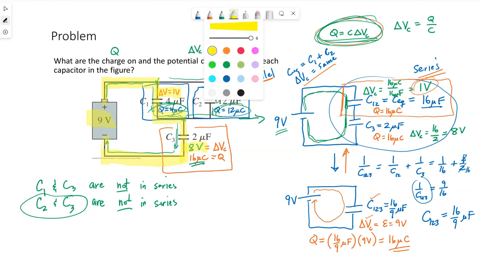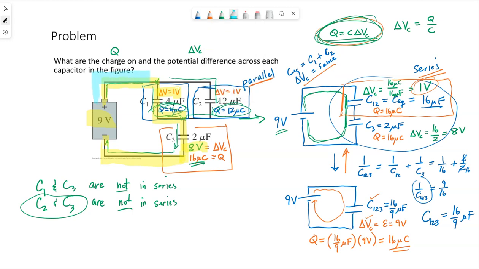The other loop we could take is to go up all the way over to the 12 microfarad and then down and back. Well, there's 1 here, 8 here, they add up to be 9. So it's really good to look for these conservation rules.